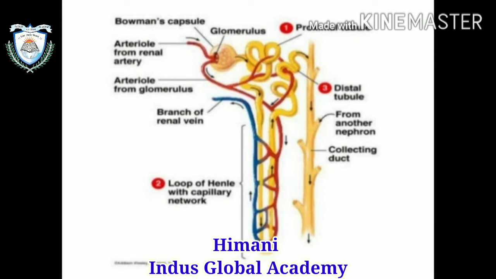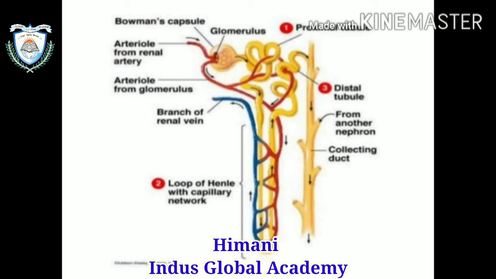First is the Bowman capsule. It is a cup shaped structure in which a network of blood vessels is present, known as glomerulus. After that the proximal tubule is present, then loop of Henle with capillaries network, and third is the distal tubule, and after that the collecting duct.